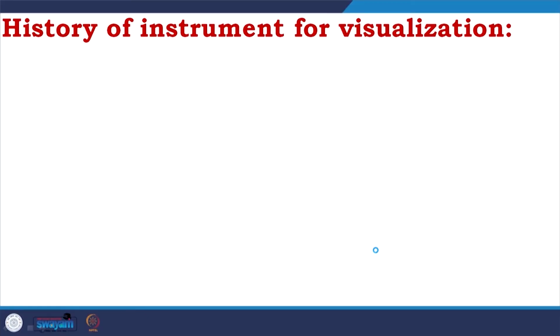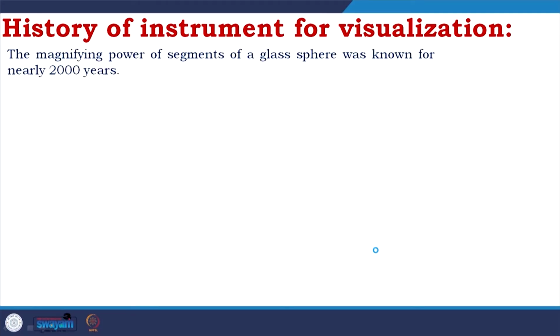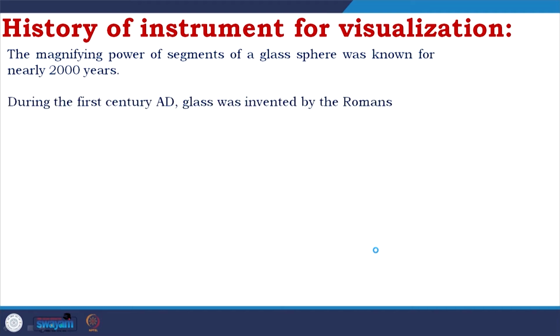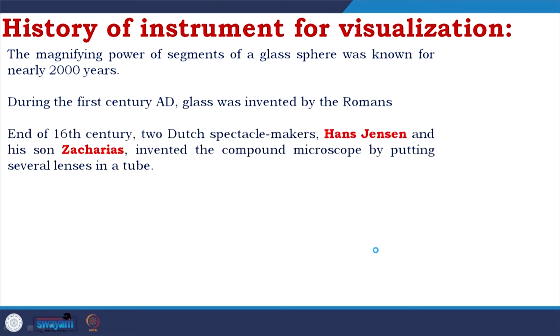So, let us come to the history of instruments for visualization. The magnifying power of a segment of a glass sphere was known for nearly 2000 years. During the 1st century AD, glass was invented by the Romans. At the end of the 16th century, two Dutch spectacle makers, Hans Janssen and his son Zacharias, invented the compound microscope by putting several lenses in a tube.